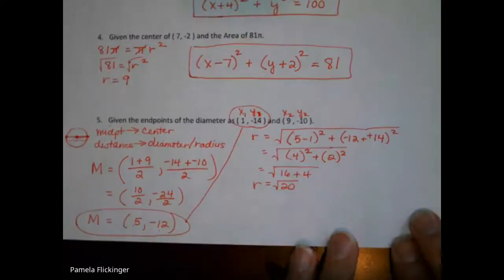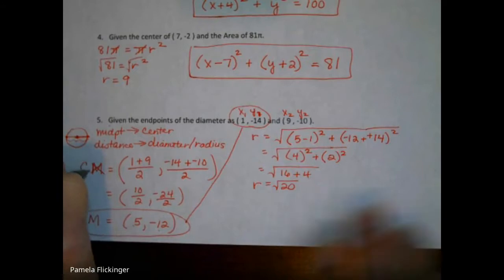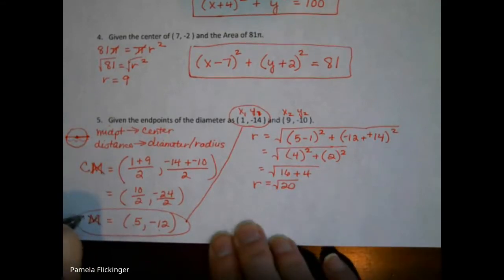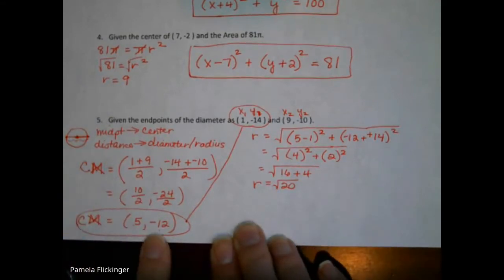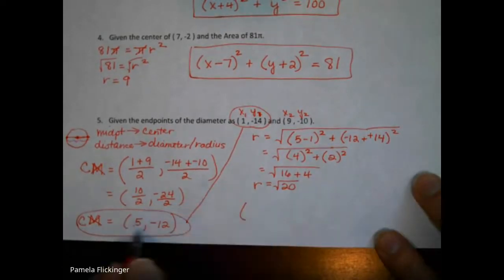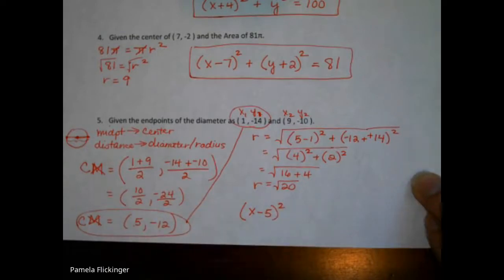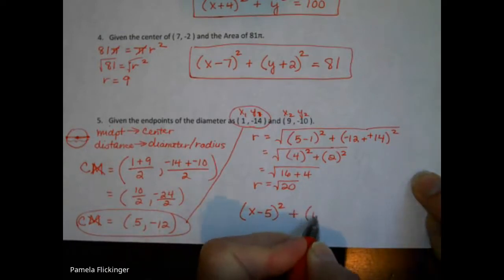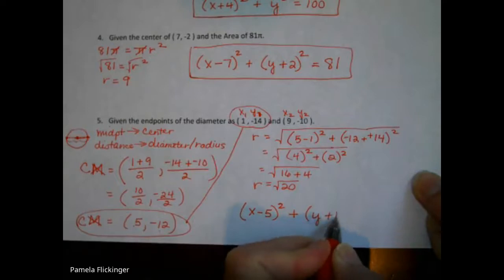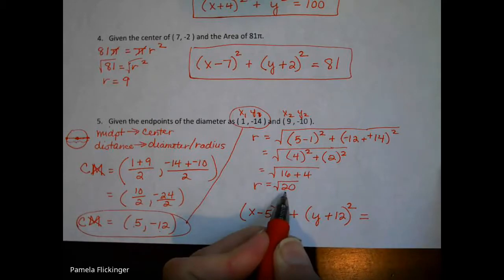So now we've got the center. And I should probably get in the habit, instead of calling this M, of calling it C. So that's our center, and here's our radius. We're ready to write our equation. We've got x minus 5, quantity squared, plus y minus a negative 12, which makes it plus 12, quantity squared, equals the square root of 20 squared.